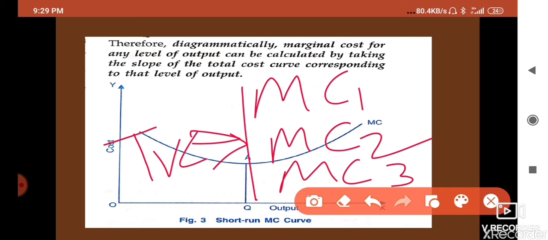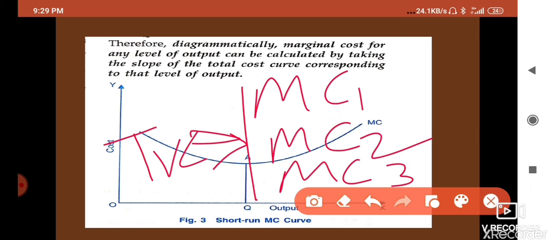For example, you can go through table number 8.2. You can see here TVC is 132, at the fourth number. MC1, MC2, MC3 are 40, 36, 26 and 30. The sum total of these four will be 132. So I hope it is clear.